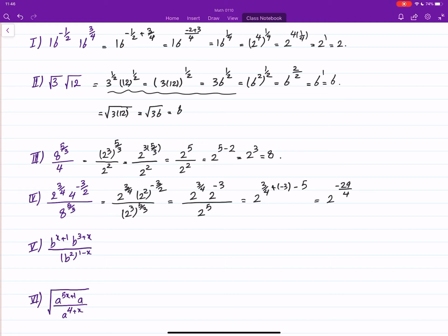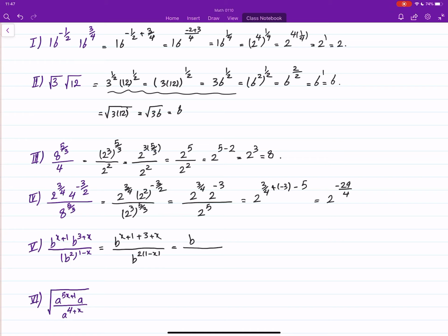Yes. And this one, well, this is now a general base. The first thing is in the numerator we have a product of two exponential expressions with the same base, so we can add the exponents in the numerator. In the denominator we have an exponent of exponents, so this can be a product of the exponents.